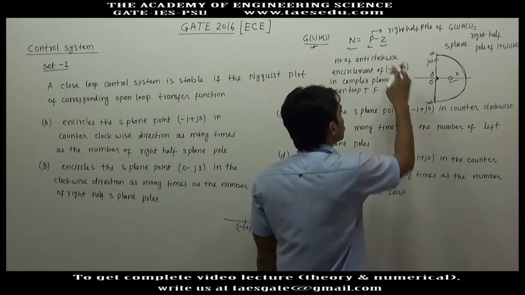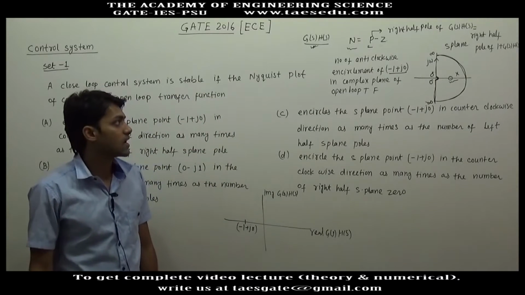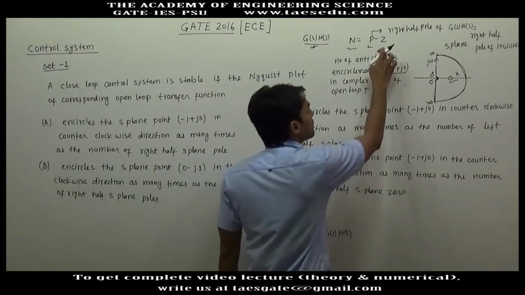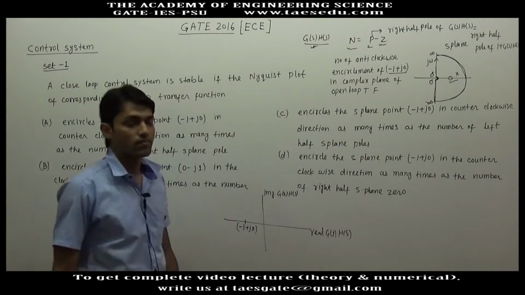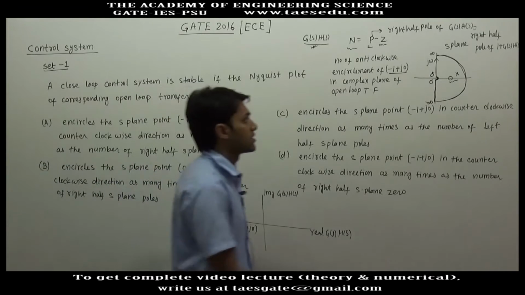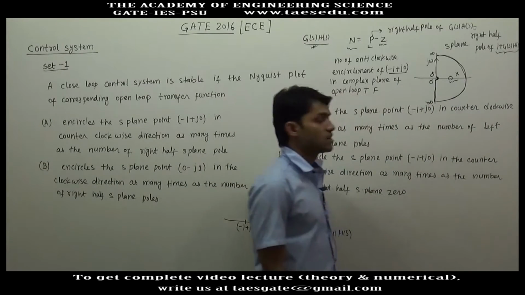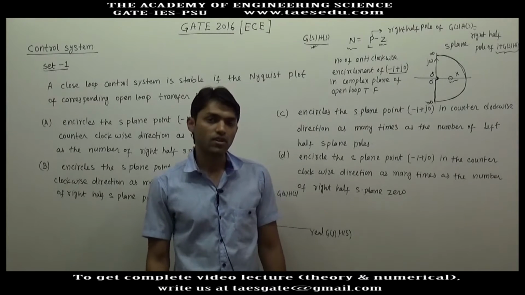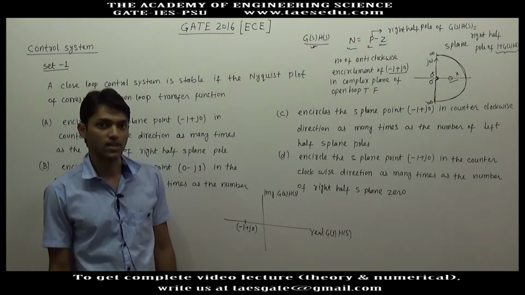But in lecture I have focused, many times I have mentioned, that we are interested in finding out the right half zeros of 1 plus G(s)H(s), because the right half zeros of 1 plus G(s)H(s) make the poles of the closed loop transfer function.